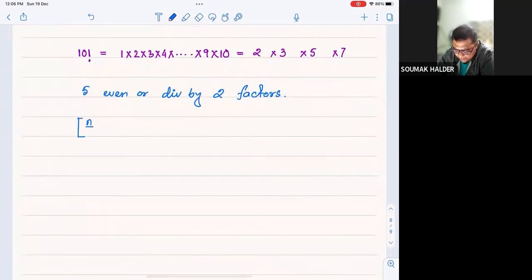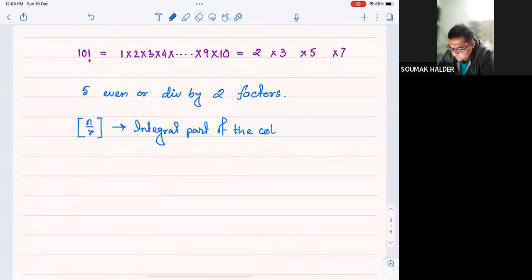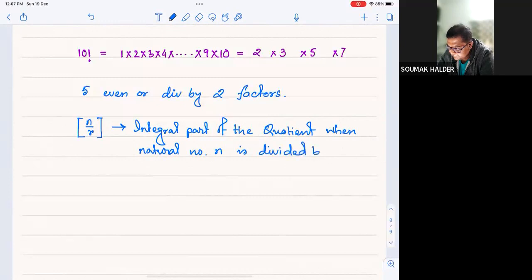This box of n by r represents the integral part of the quotient when natural number n is divided by natural number r. Is that okay?